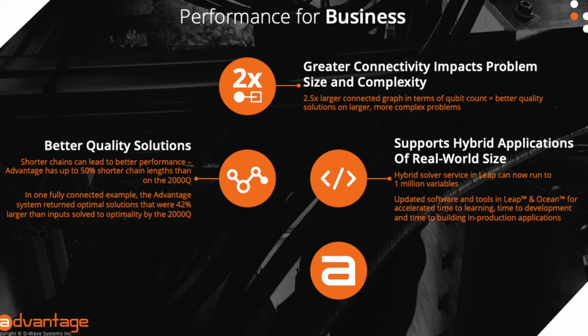But in one fully connected example, the Advantage system returned optimal solutions that were 42% larger than inputs solved by the 2000Q. So definitely doing much bigger problems. And we've also increased the size of the Hybrid Solver Service that we talked about earlier in this unit up to 1 million variables. And basically the whole infrastructure's been updated to support Advantage and an improved hybrid solver. So we're pretty psyched about this.